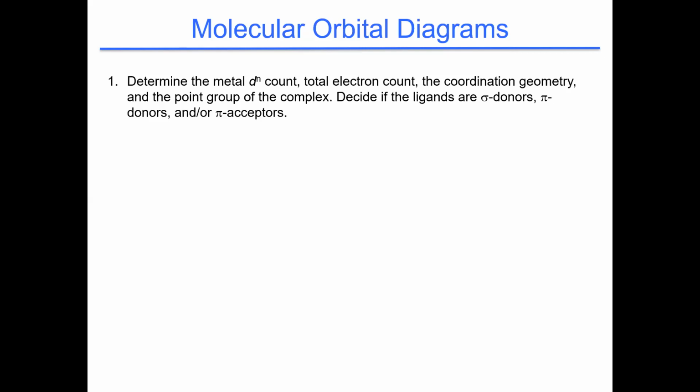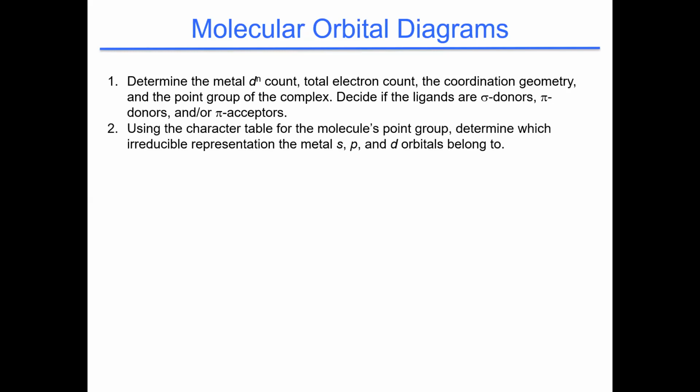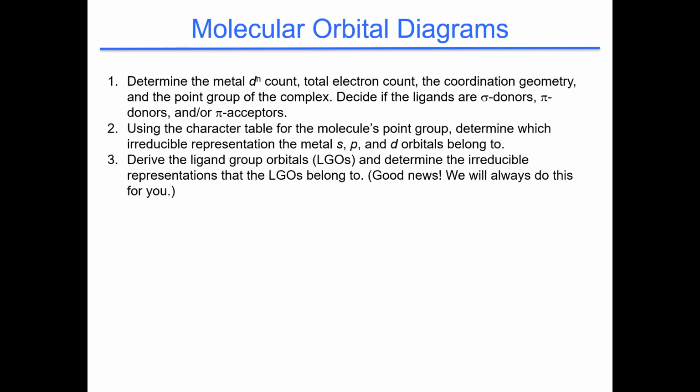You also want to decide if the ligands are sigma donors, pi donors, or pi acceptors. Next, using a character table that is appropriate for the molecule's point group, you want to determine the irreducible representations that the metal s, p, and d orbitals belong to.